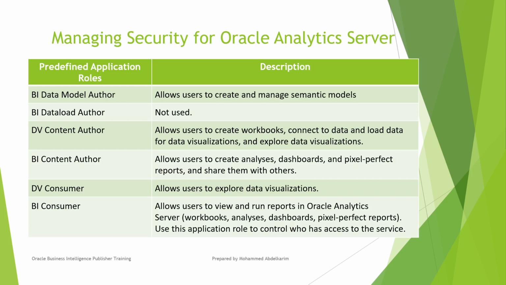The next one is DV Consumer, which allows users to explore data visualizations. The last one is BI Consumer, which allows users to view and run reports in Oracle Analytics Server: workbooks, analyses, dashboards, and pixel perfect reports. Use this application role to control who has access to the service.